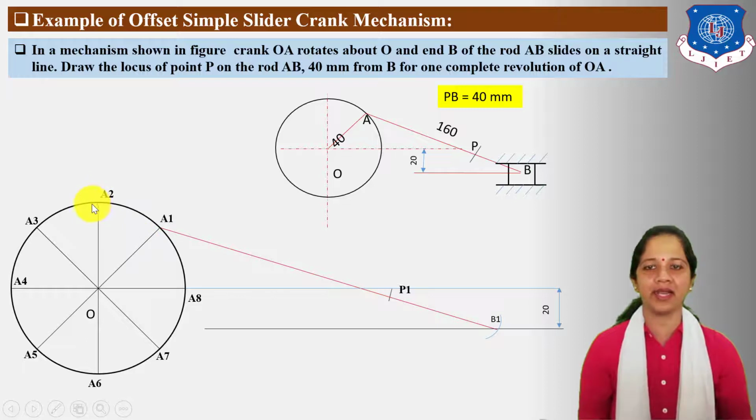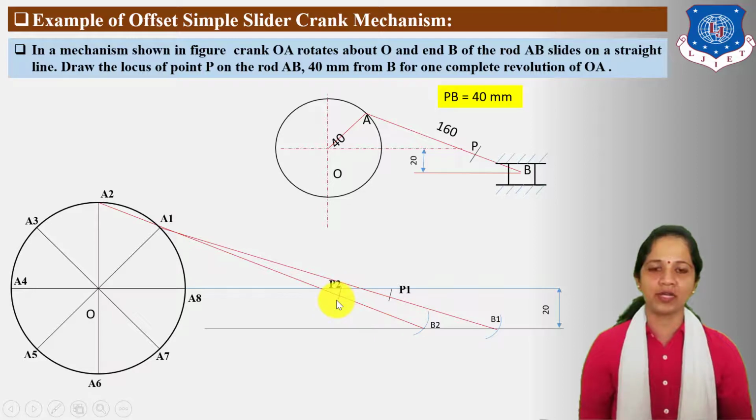Similarly, take center A2, radius same is equal to connecting rod and cut arc on offset path and mark here B2 point. Connect A2 B2 and locate P2 locus from B2 point. Distance is 40 mm. Same, take center A3 and cut arc on offset path and find out B3. Connect A3 B3 and locate P3. Distance 40 mm from B3.